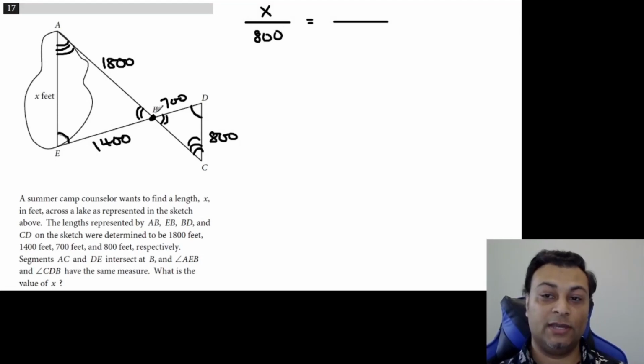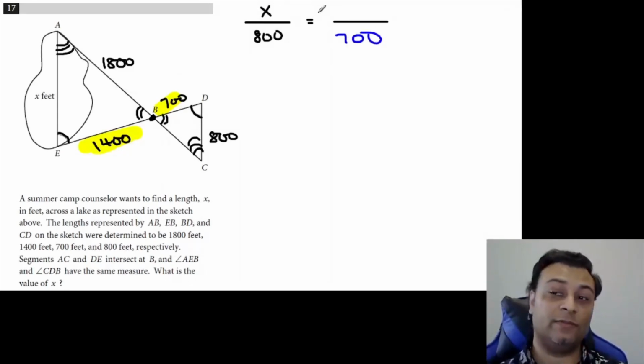We can pick some other sides that we know. We have this and this. Okay, so let's use those. 700 is between the single and the double. And actually it should be on the other. We got to make sure that the numerators come from the same triangle.